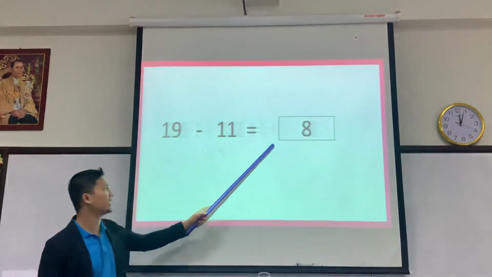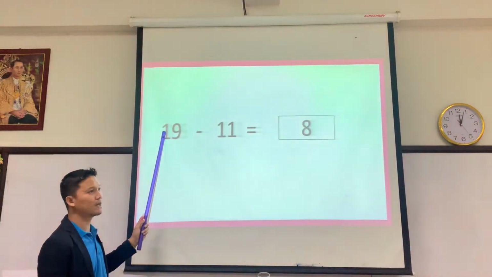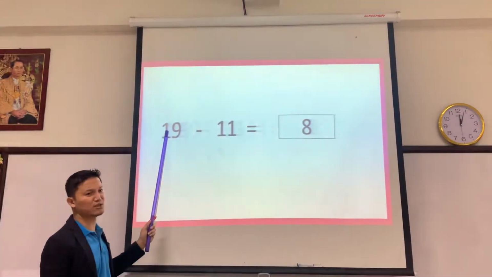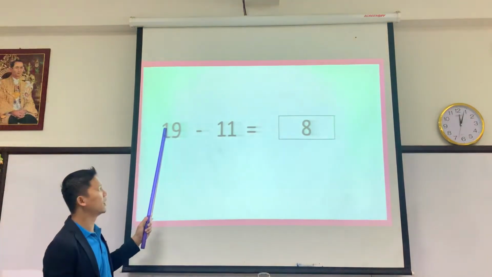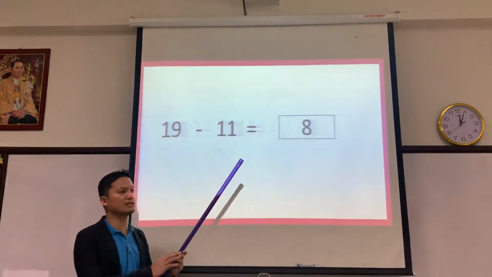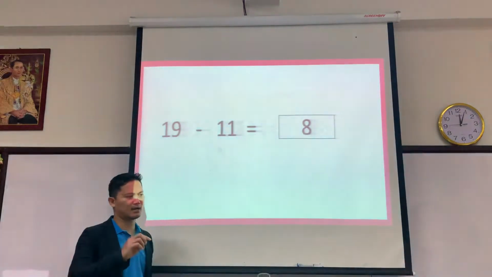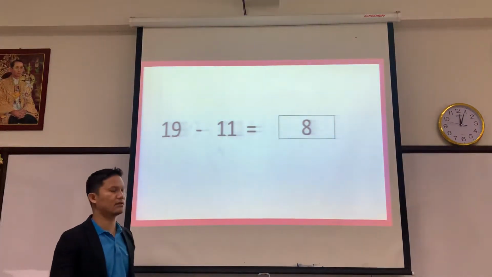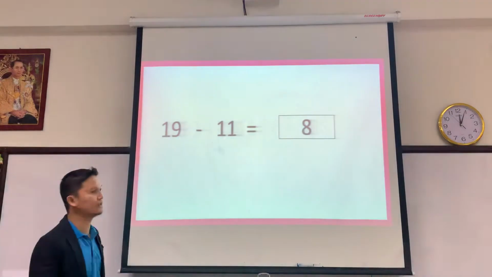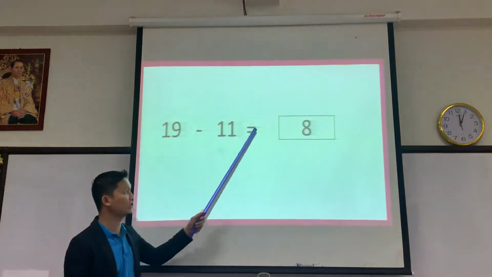Write 8 here, then go to the tens place: 1 minus 1 is 0. It's not necessary to write the 0; it is exempted from the answer. So 19 minus 11 equals 8.